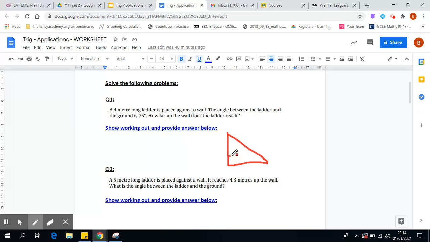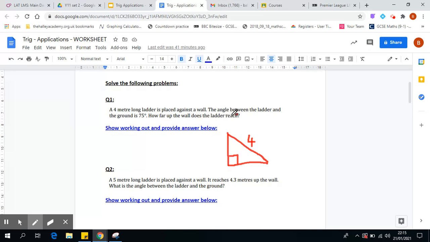That's the 90 degrees. A 4-meter long ladder, so that is the information we'll be using. And that's 4 meters because that is the ladder, which is provided in the diagram.